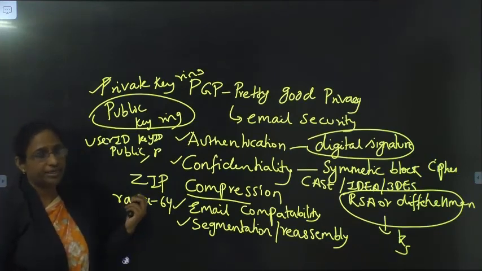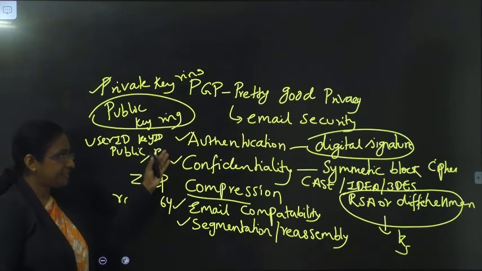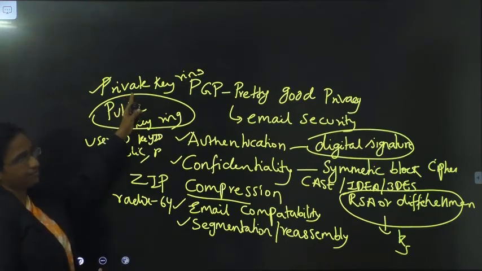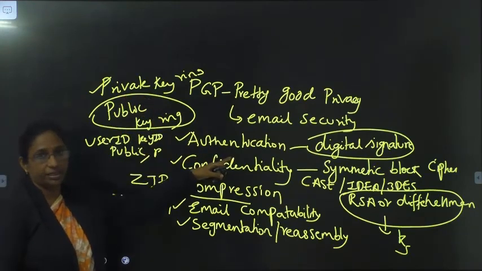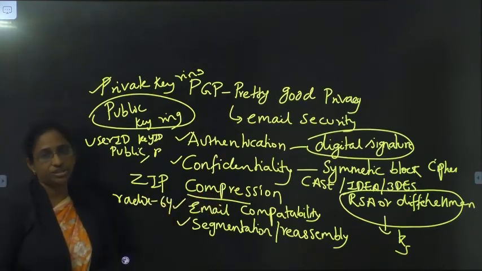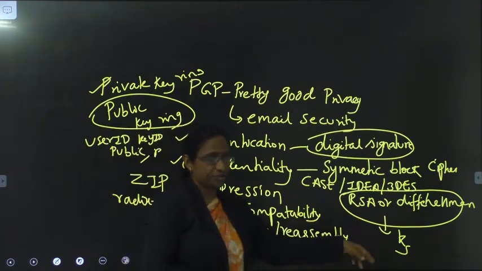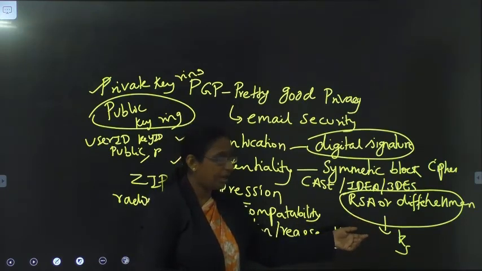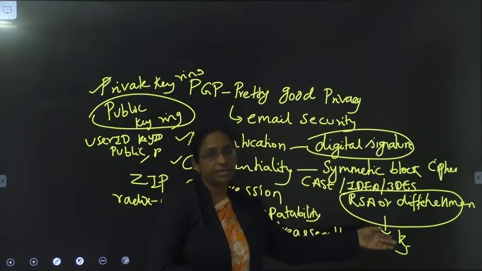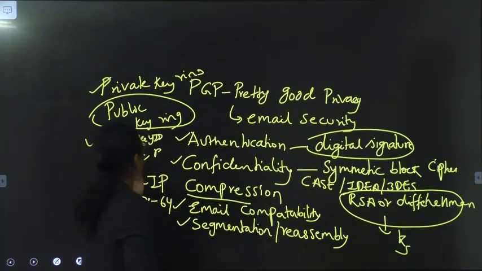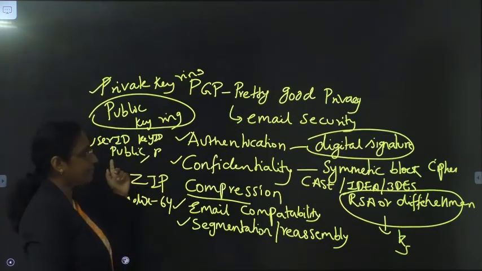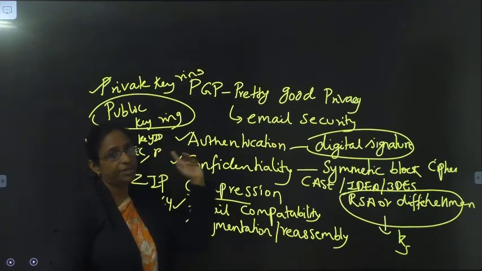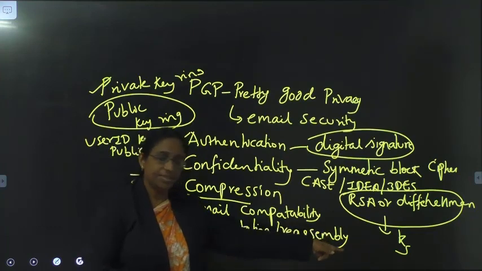While doing authentication and confidentiality, if you require the private key, you can access this private key ring and get it. Similarly, for confidentiality, for encryption of the session key, whatever public key is required, you can get from this public key ring table, and you can encrypt the session key.